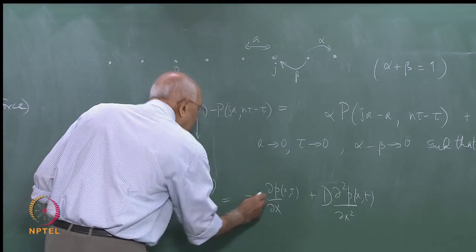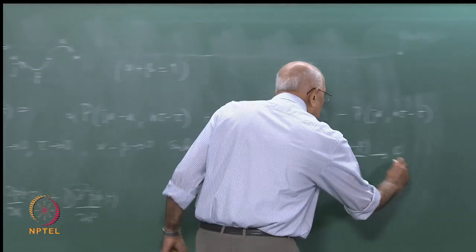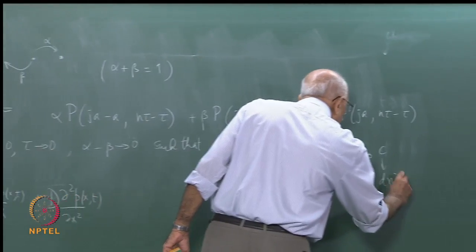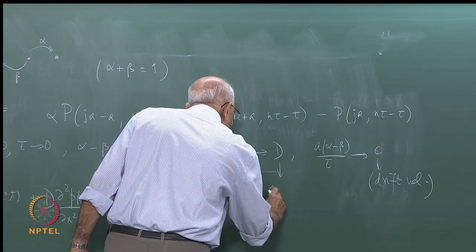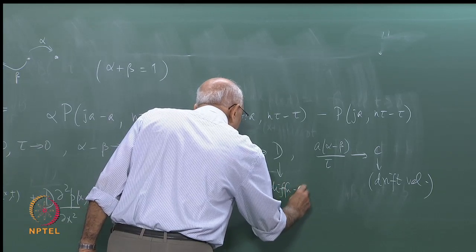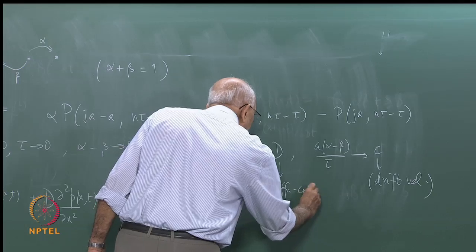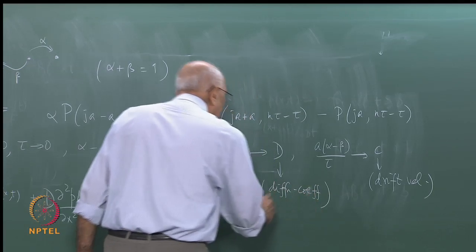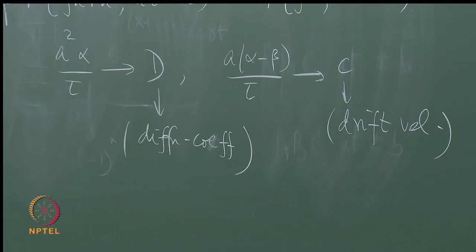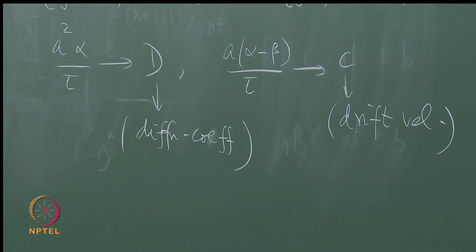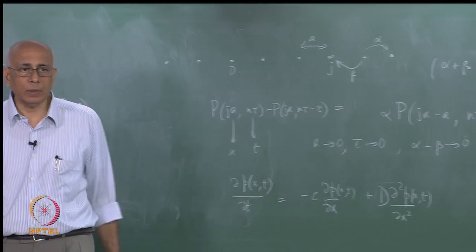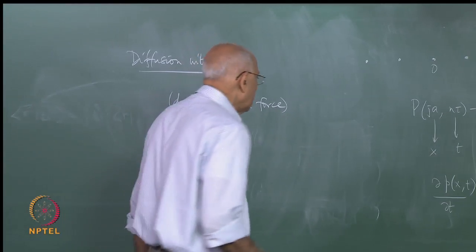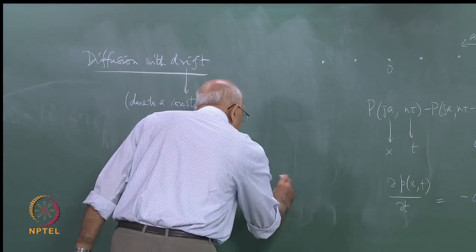So you have a modification to this thing, and this c, by the way, is the drift velocity, and this of course as usual is the diffusion constant coefficient. And you have a diffusion equation which has this extra term here sitting, a first order term here. This equation is called the Smoluchowski equation.